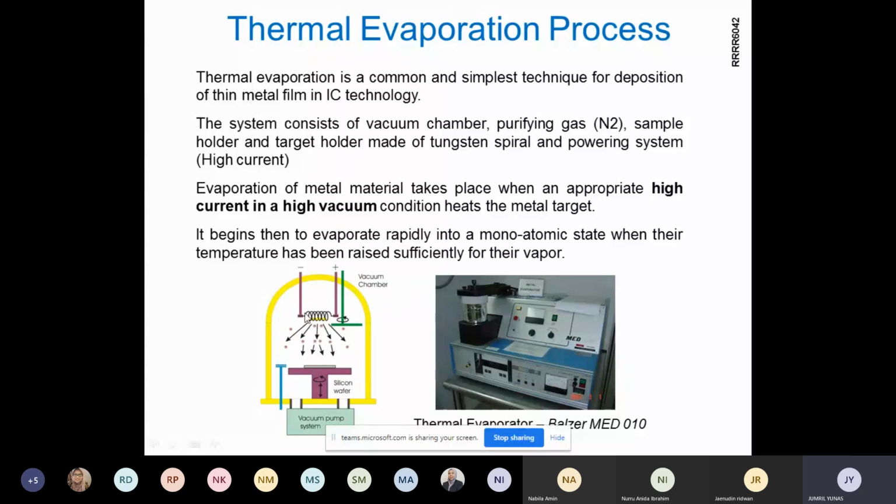So if we heat the tungsten, then the target metal will evaporate and deposit on our substrate. This is a photograph of our equipment.